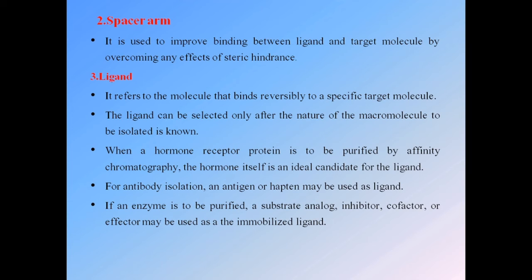For antibody isolation, an antigen or hapten may be used as a ligand. If an enzyme is to be purified, a substrate, analog, inhibitor, cofactor or effector may be used as the immobilized ligand.